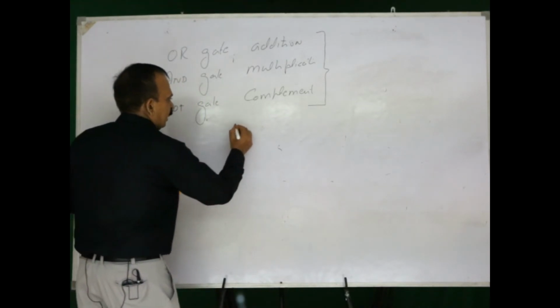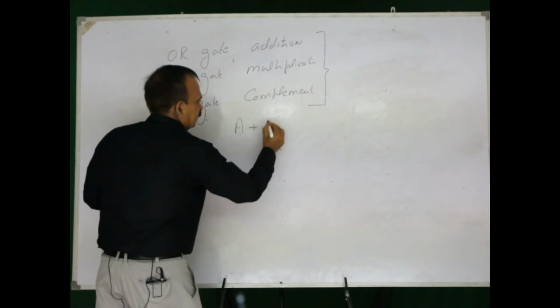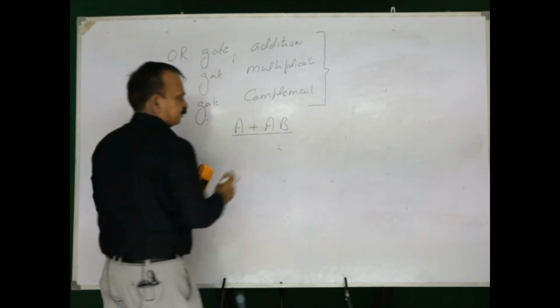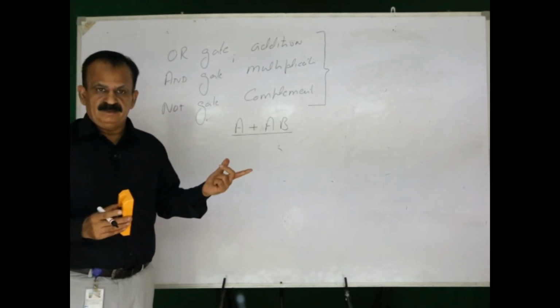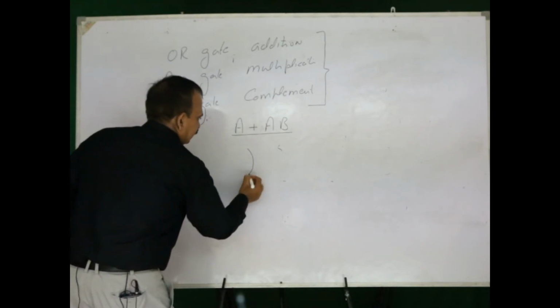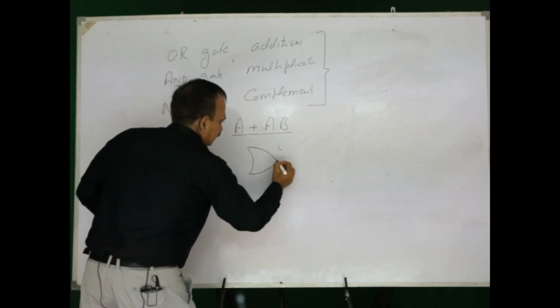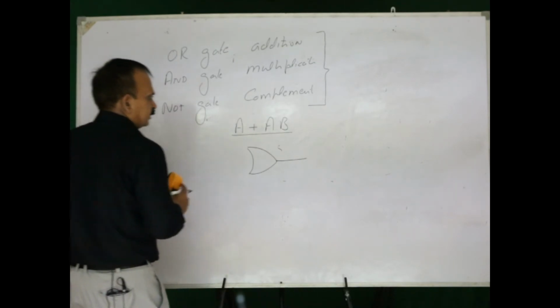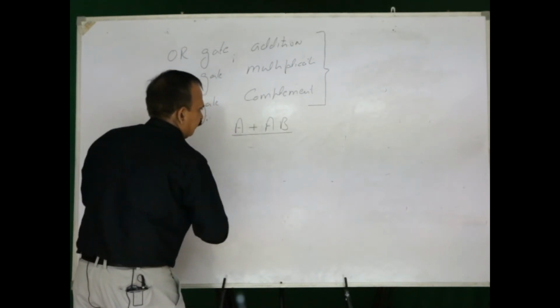If I say I want to implement a circuit for A plus AB, now A plus AB is addition, and I know for addition the gate going to be used is the OR gate. Sorry, first we will be implementing for multiplication.